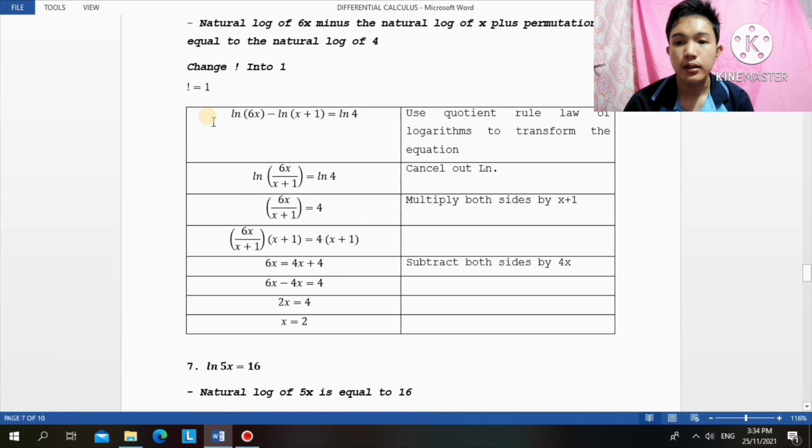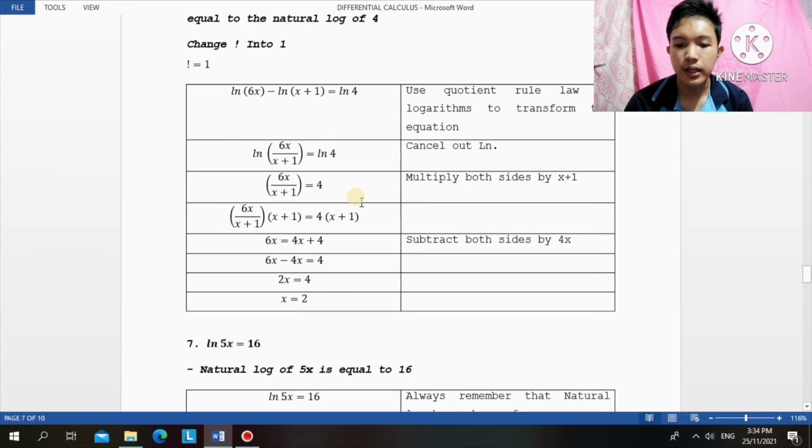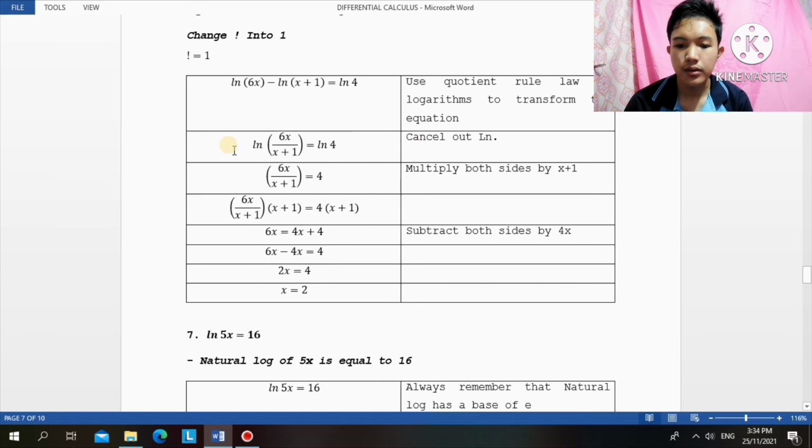So our equation will be natural log of 6x minus natural log of x plus 1 is equal to natural log of 4. To solve the value of x, first use the quotient rule law of logarithm to transform the equation. So our equation will be natural log of 6x over x plus 1 is equal to the natural log of 4.